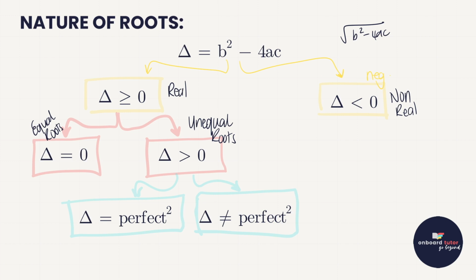If delta is a perfect square that is greater than 0, then we have got rational roots. And if delta is not a perfect square, we have irrational roots, which means that they will cut the x-axis, but it'll be at a decimal point that is not terminating and not recurring.